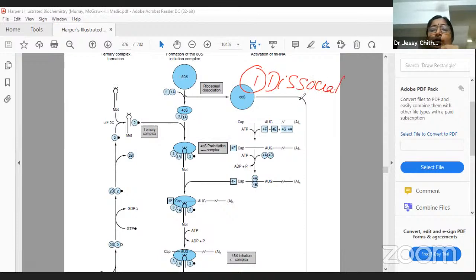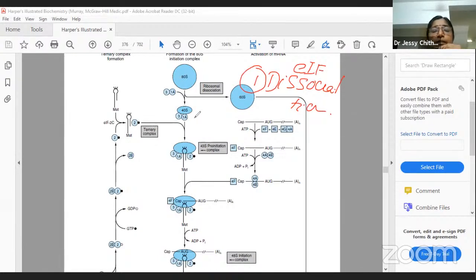So the 80S ribosome is dissociated into 40S and 60S subunit, to which the eukaryotic initiation factors 3 and 1A will bind to the 40S subunit, preventing its reassociation with 60S subunit.